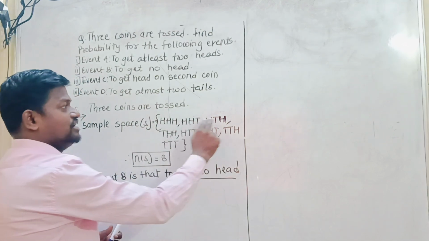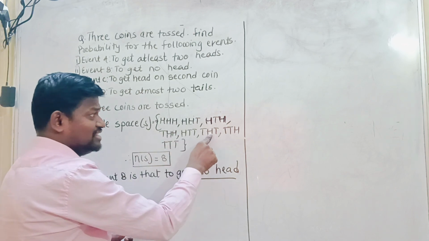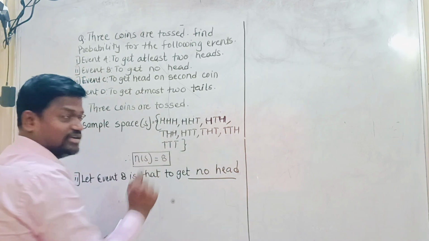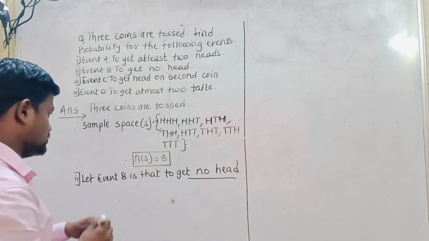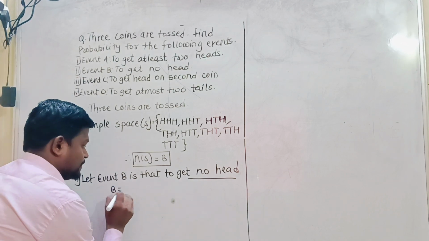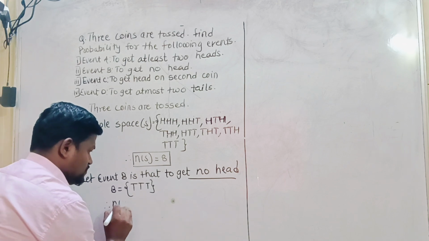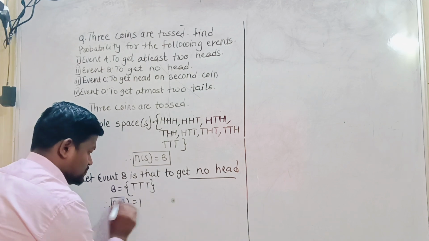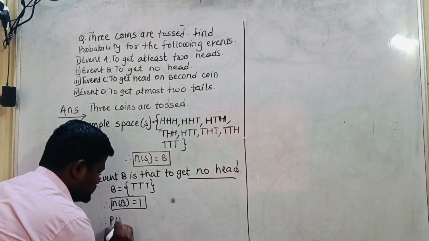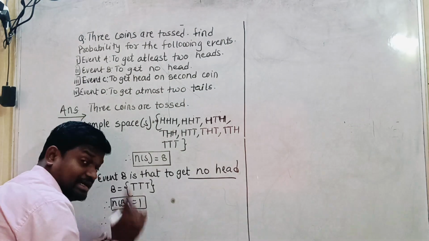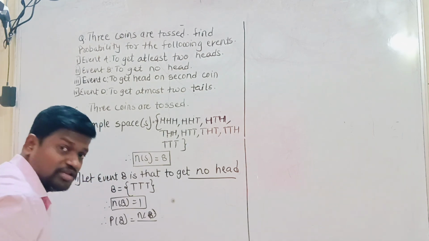Here we also get head, here also, in this and this. Only TTT does not contain any head, so this is our answer. So for event B, the number of B is 1. Got it? Now we have to find the probability for this event. The probability of B is equal to the number of B upon the number of S.